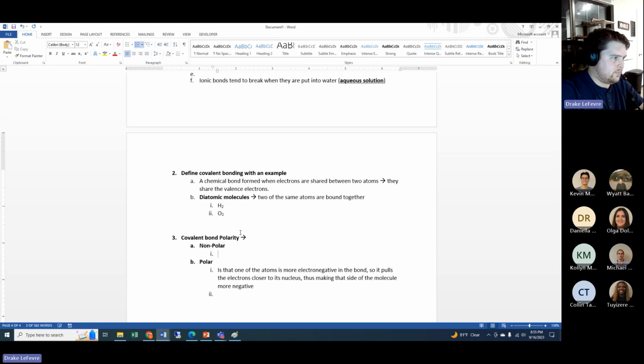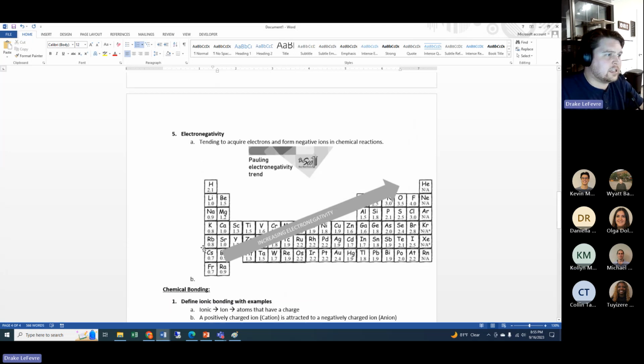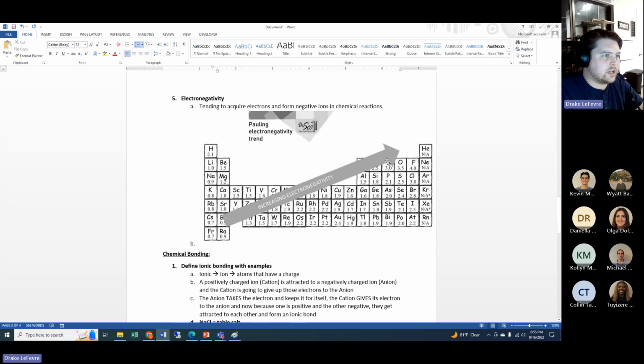So this would be an example, something like NH, which is ammonia. If we go back up and look at our electronegativity, nitrogen is more electronegative than hydrogen, so the electrons are going to get pulled more towards the nitrogen than the hydrogen.